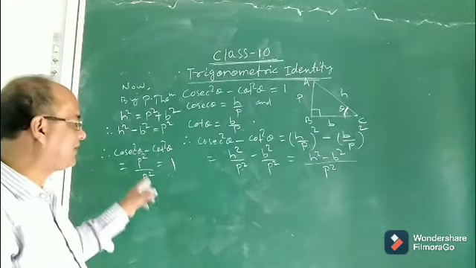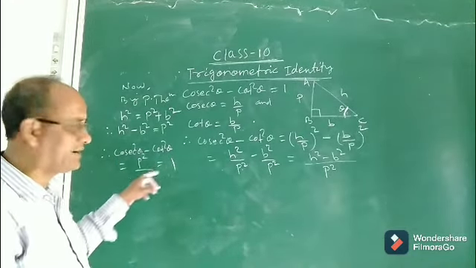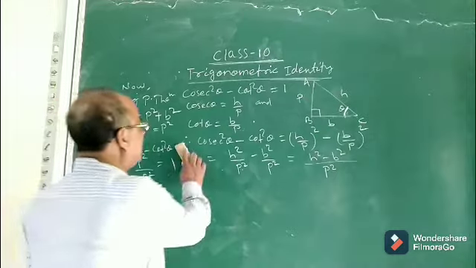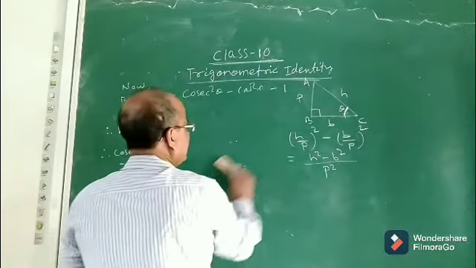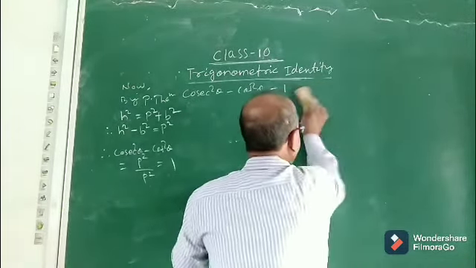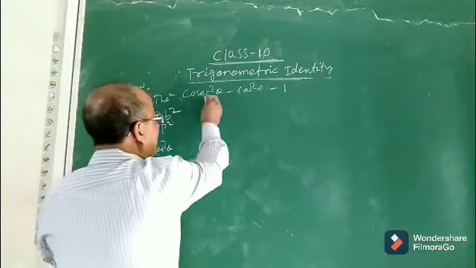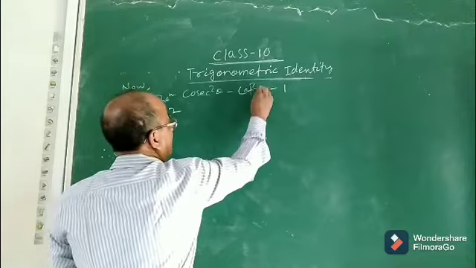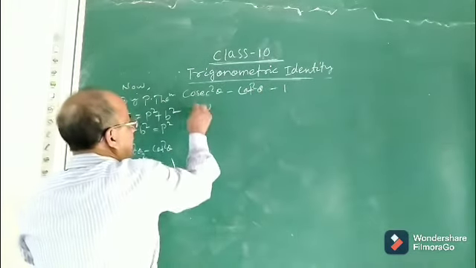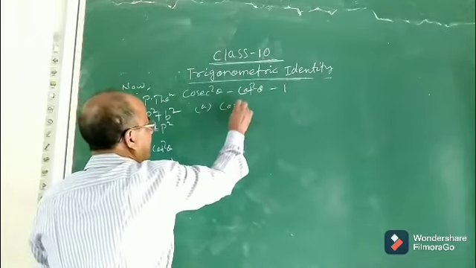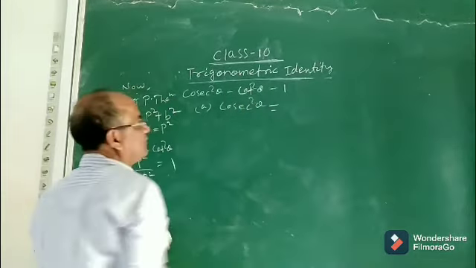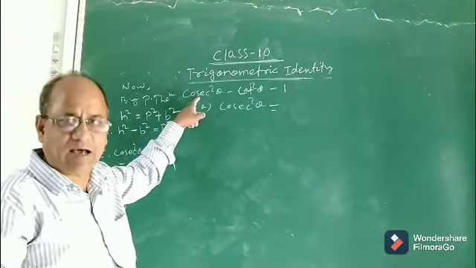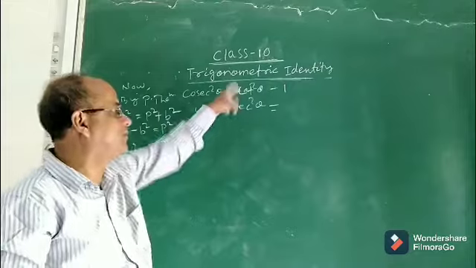Now, what are the sub-identities of this particular identity? Let us discuss. If cosec square theta minus cot square theta is 1, what will the formula for cosec square theta be, or how do we express cosec theta in terms of cot theta?